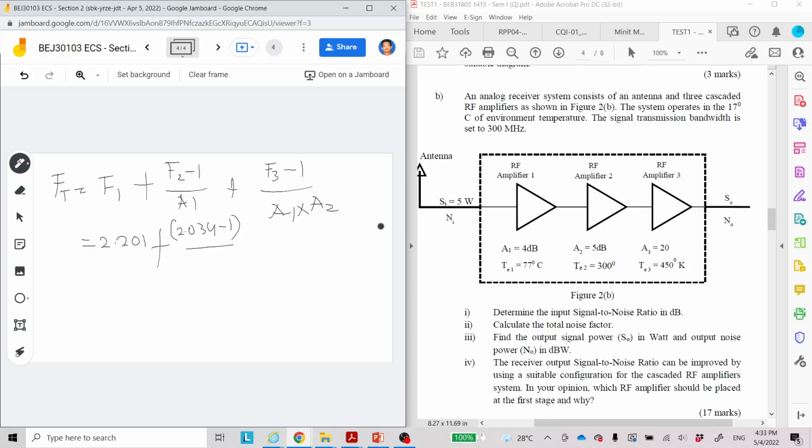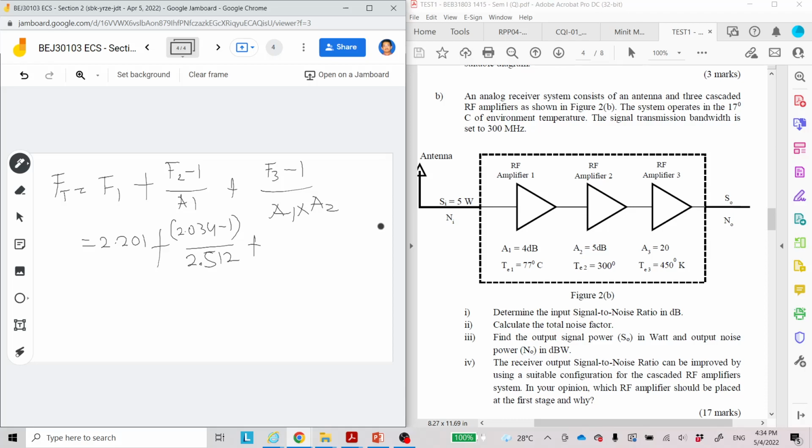Remember, you need to do the anti-log of 4 dB. Anti-log of 4 dB, you will get 2.512. Don't put 4 here. Be careful.